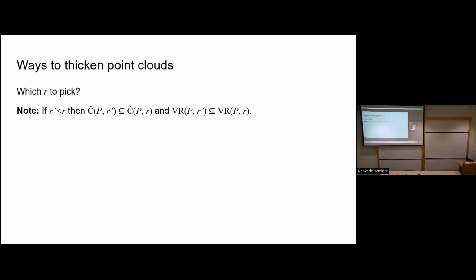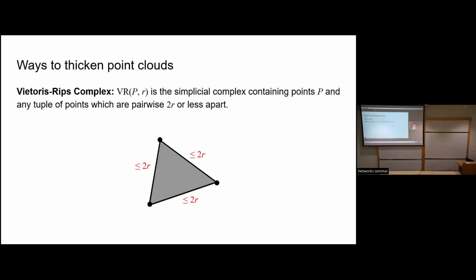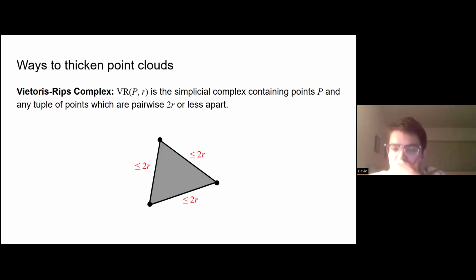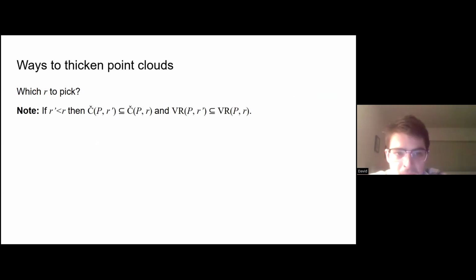So that solves one problem, and now there's another problem, which is that in either way of thickening my point cloud, I have this choice of a number r. So which r am I going to pick? Well, one thing to note is that as I increase r, whichever strategy I'm using, my simplicial complex is going to get bigger.